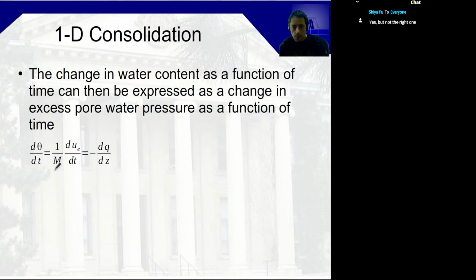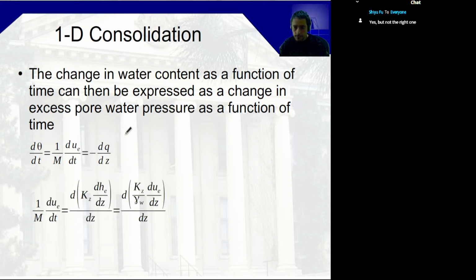So if we go back to our equation, we can replace d theta over dt by 1 over M times du over dt, and we say that that's equal to our Darcy flux.